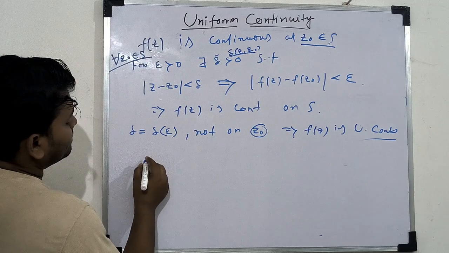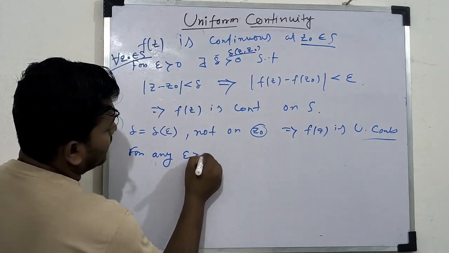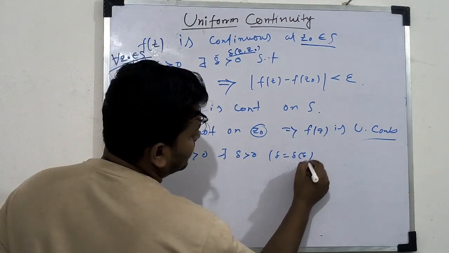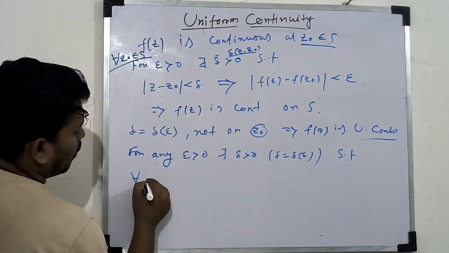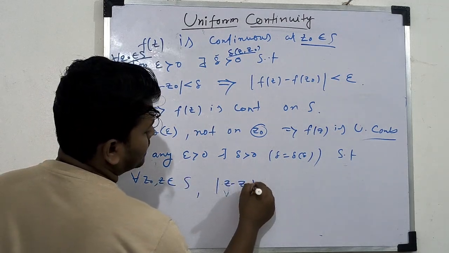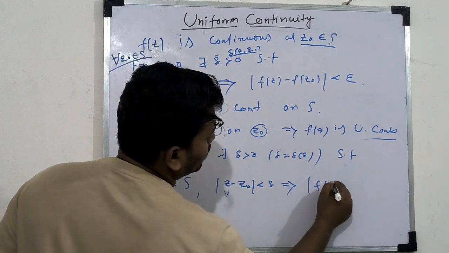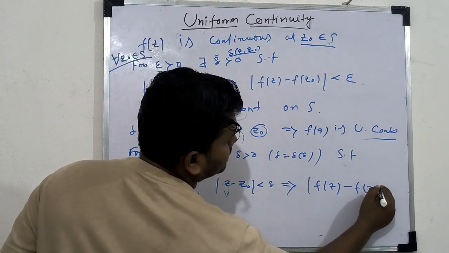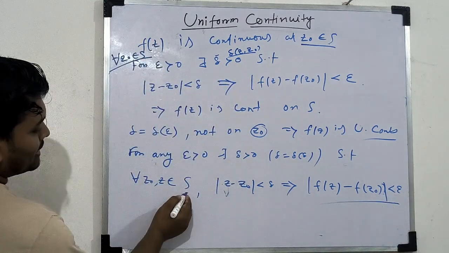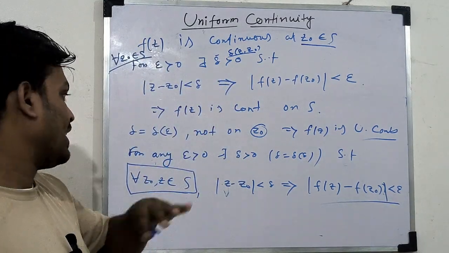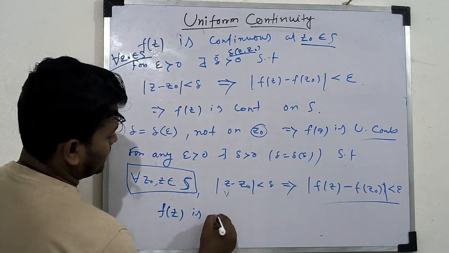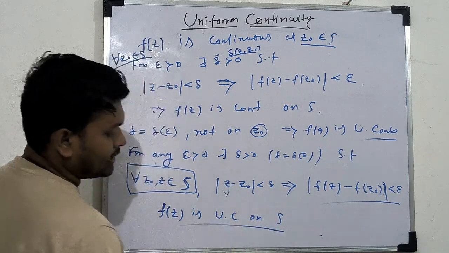The definition is: for any epsilon greater than 0, there exists delta greater than 0, dependent only on epsilon, such that for all z0 and z belonging to S, |z minus z0| less than delta implies |f(z) minus f(z0)| less than epsilon. Whenever this happens for every z0 from this set, then we say f(z) is uniformly continuous on this set. Okay?